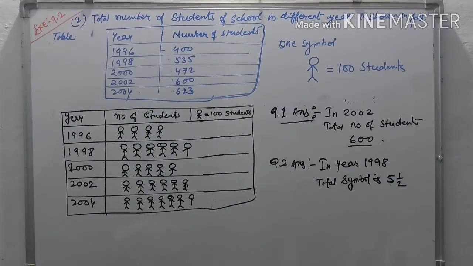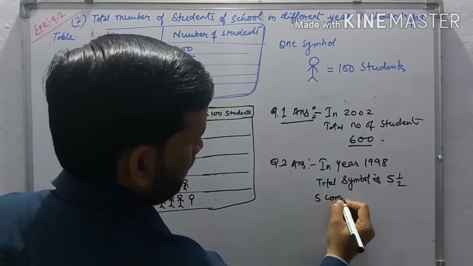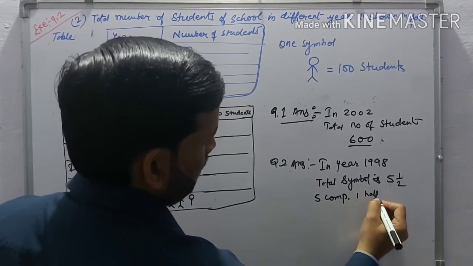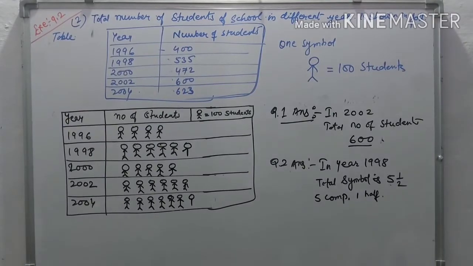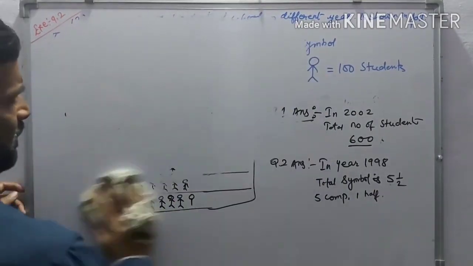Okay, 5.5 because the value is 5.5. You can write 5 complete and 1/2. Okay. And the third question you have not solved. This is only a try question.